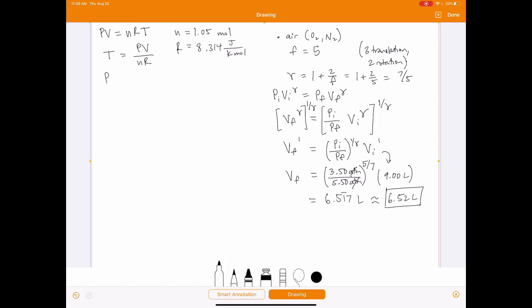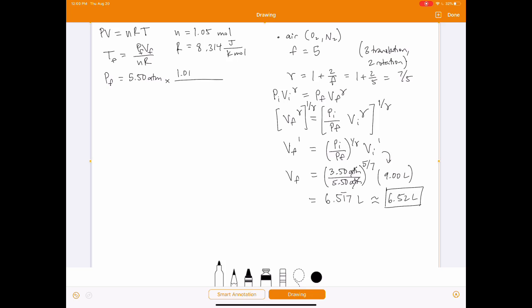So here, let me label this a little bit better. So we're finding the final temperature, right? T final. That means I better be plugging in the final pressure and the final volume. And the final volume, or sorry, the final pressure, P final, is 5.5 atmospheres. So let's convert that to pascals.